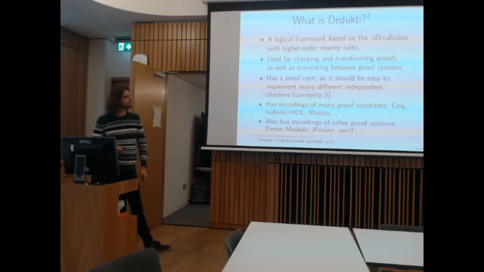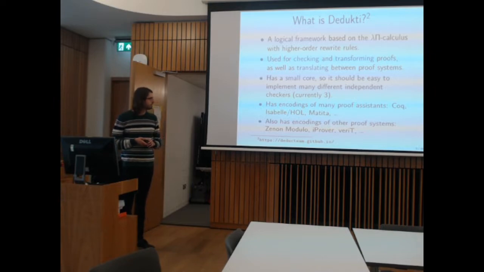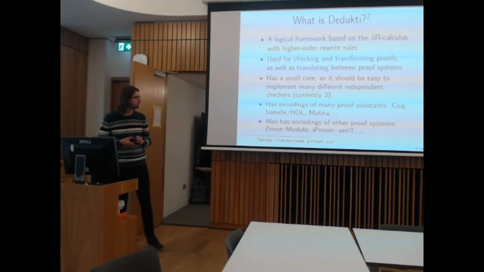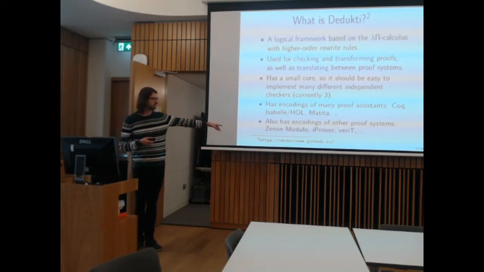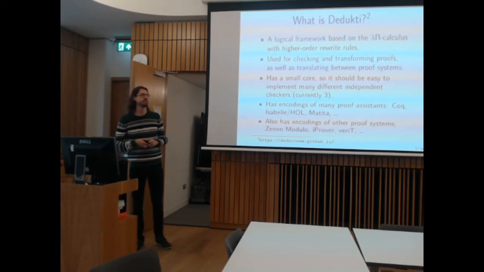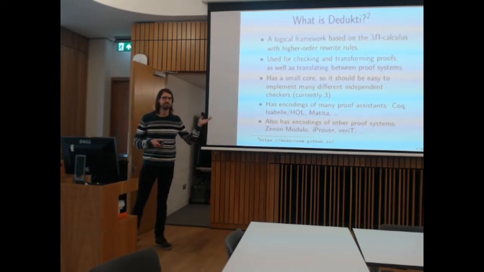It makes it quite easy. And there's currently three different implementations with various goals. There are already encodings of many different proof assistants, such as Coq, Isabelle, Matita, and also some other proof systems, which I hadn't really heard of.